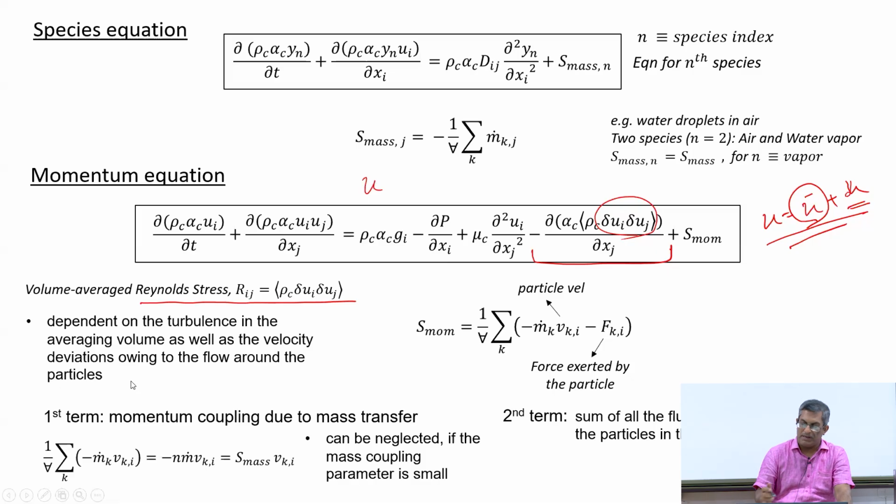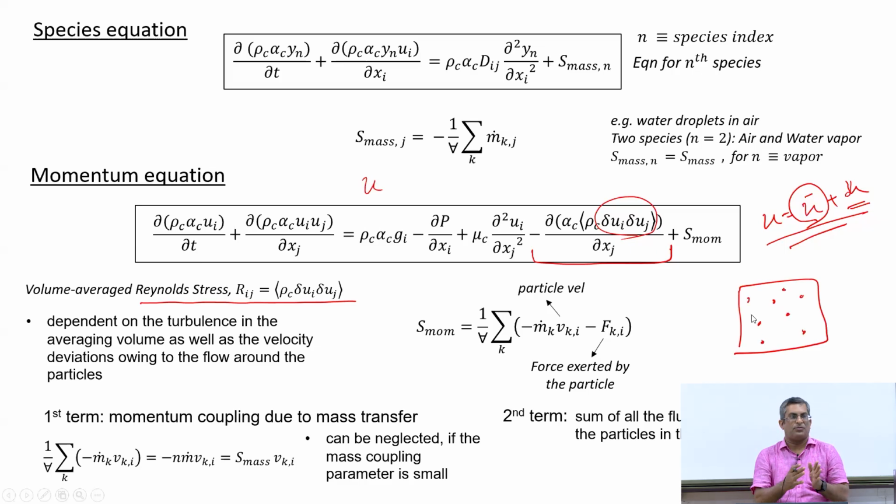So here the point is that, let us say this is your grid and you have particles. Because of the particle motion or relative velocity between the particle and the fluid flow, the flow field within this grid is not uniform.